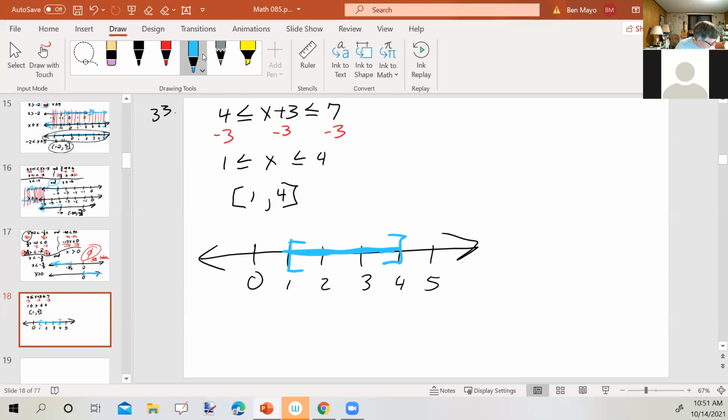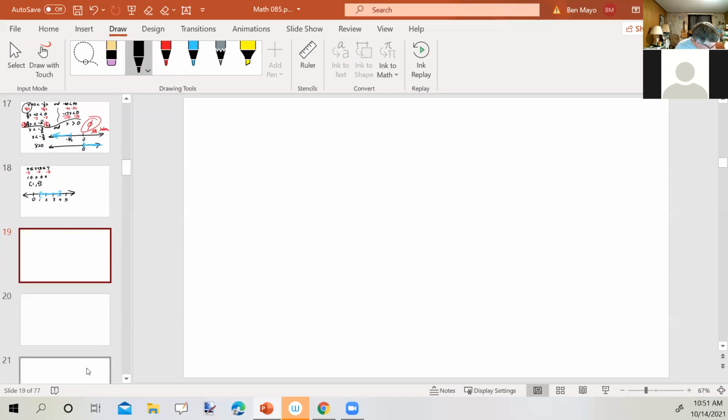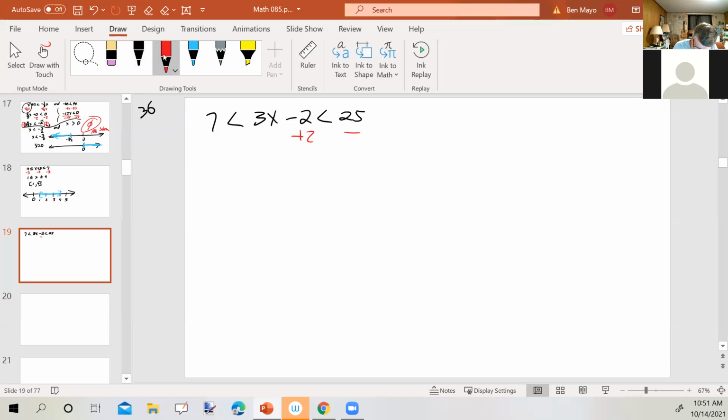Let's take another look at one of those. So this is another double inequality. This is 36, 7 less than 3x minus 2 less than 25. Okay, so I'm going to add 2 to each piece. So I get 9 less than 3x less than 27.